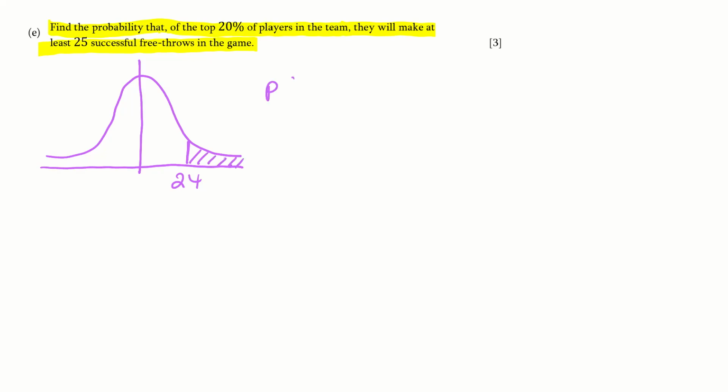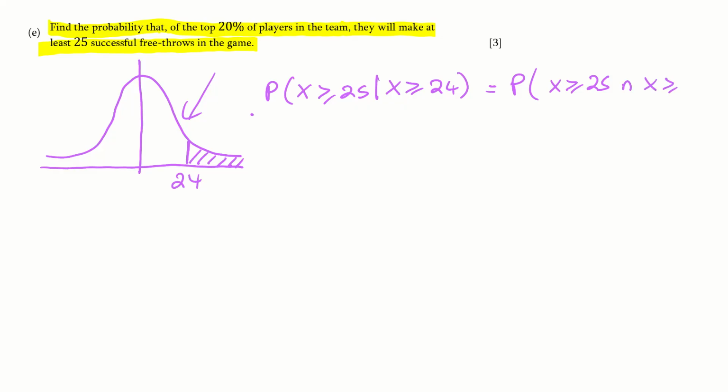So what we're looking at is x being more than or equal to 25, given that they make greater than or equal to 24, because we're only dealing with those players.